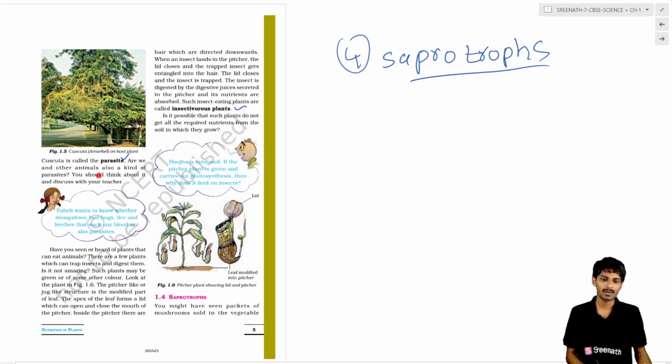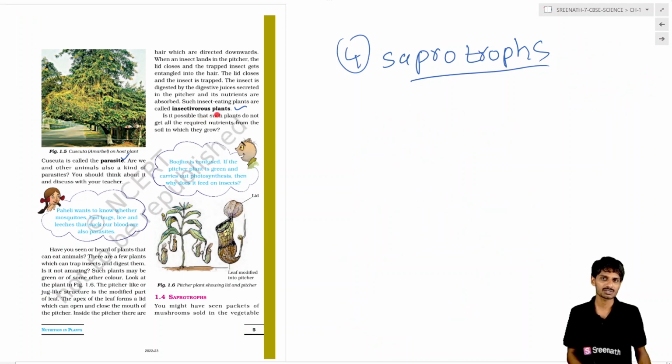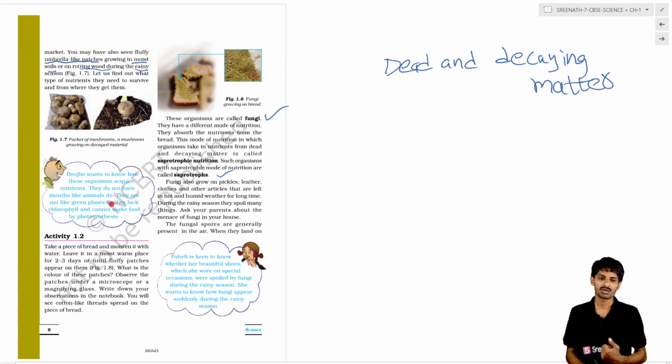Previously, what are parasites? Parasites, like cuscuta, depend on other plants. What are insectivorous plants? They depend on insects for their food. Then what are saprotrophs? The ones which depend on dead and decaying matter for nutrition are called saprotrophs, and this is saprotrophic nutrition.